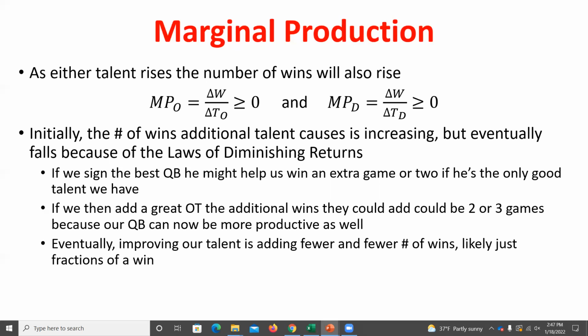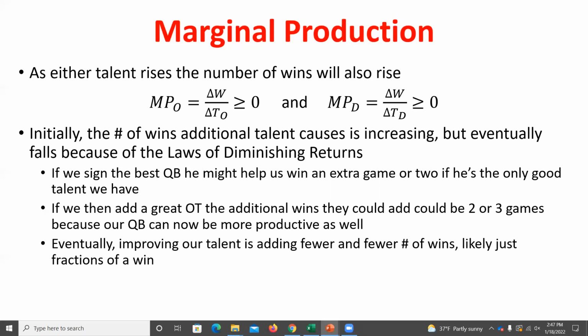And if I add up those fractions of a win across my entire team, then I start to get numbers that make more sense, like an expected number of wins of 8, 9, 10, something like that. So marginal productivity is not necessarily going to be an entire win. It could be like 0.05 even. It could be a really low number, and that's just because we have so many players on the team. The additional wins each player adds, we will then add all those up to get our expected number of wins.